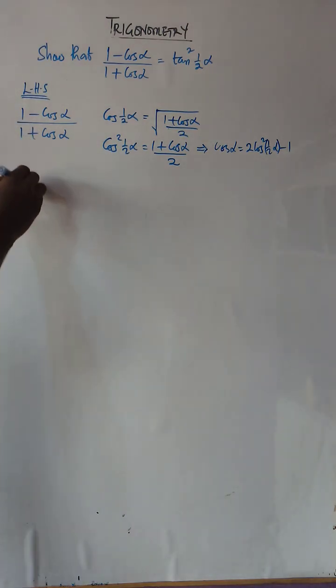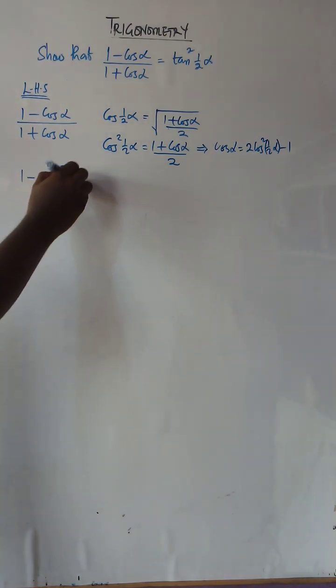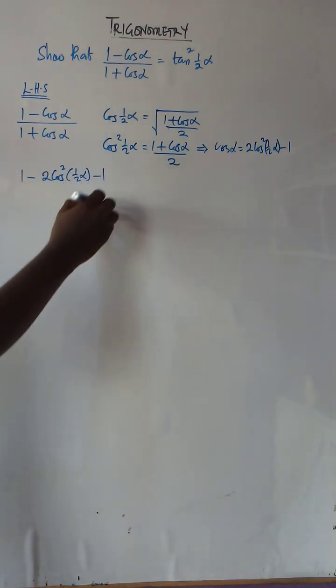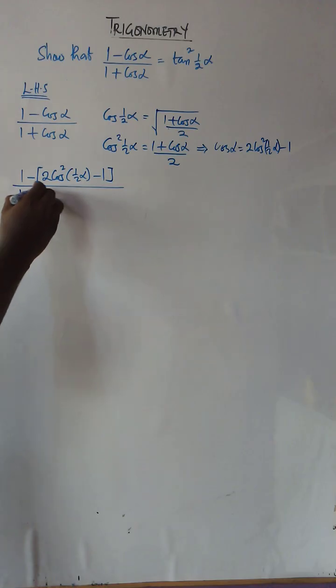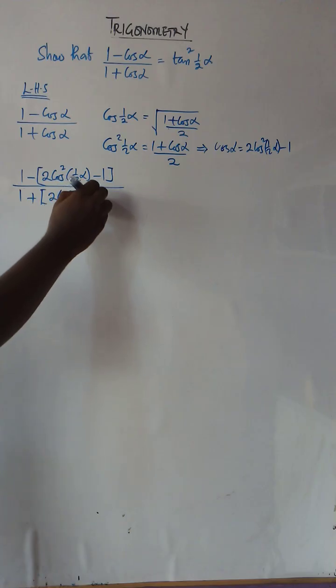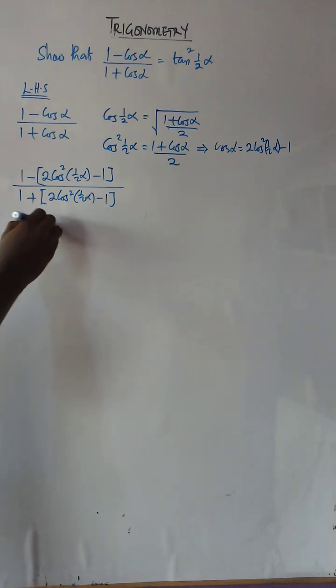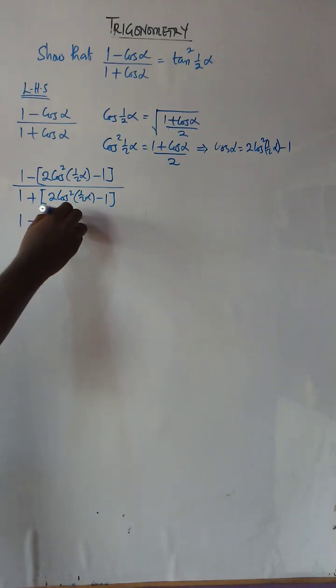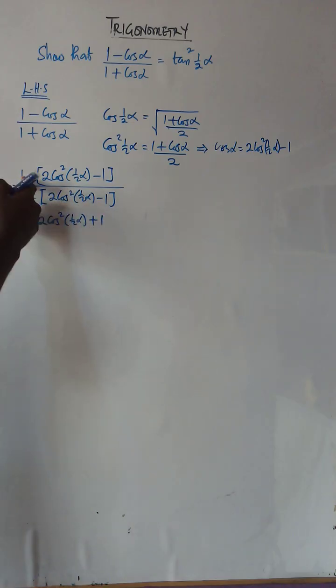So we are having 1 minus, what is cos alpha? 2 cos square half alpha minus 1. Right? So this minus will affect everything. Divided by 1 plus cos alpha again, 2 cos square half alpha minus 1. So let's try to remove the brackets. So here we are having 1 minus 2 cos square half alpha plus 1, minus times minus.